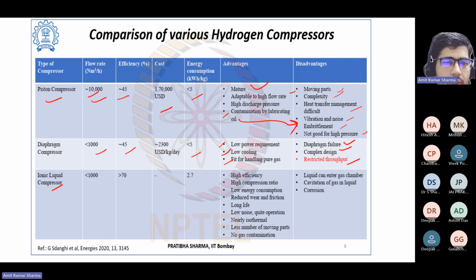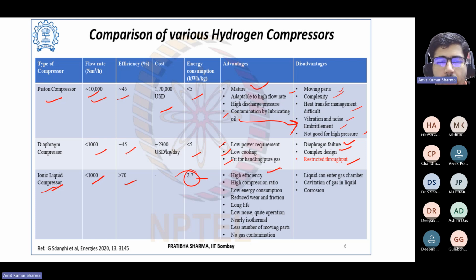Then ionic liquid compressors: less than 1,000 flow rate, efficiency greater than 70, and energy consumption only 2.7. We have already covered this, the lowest energy consumption, in the range of 2.7.